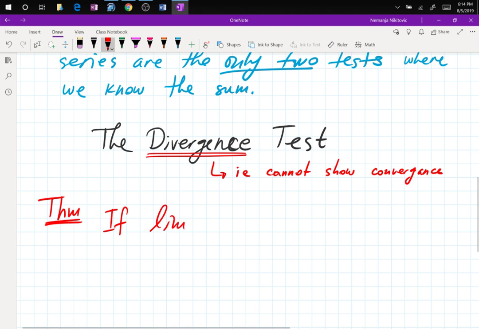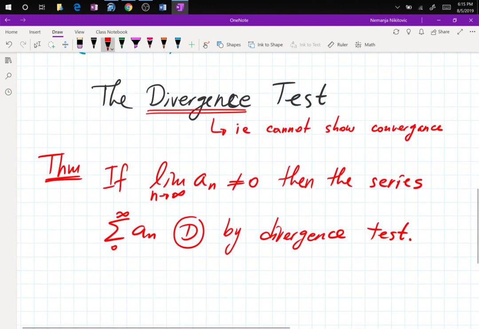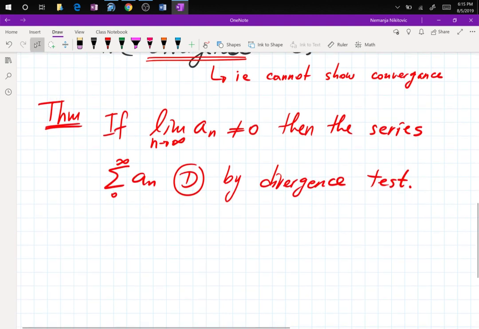If the limit of a_n as n goes to infinity is different than 0, then the series, summation a_n from, let's say, 0 to infinity or 1 to infinity or whatever to infinity, diverges by the divergence test. That's it. Let me just write one more thing.